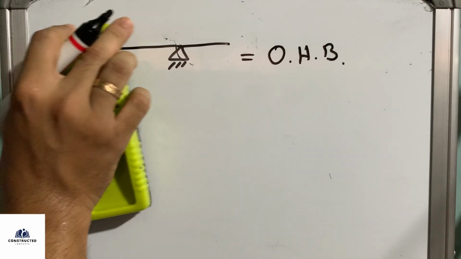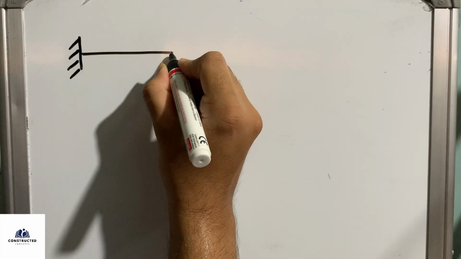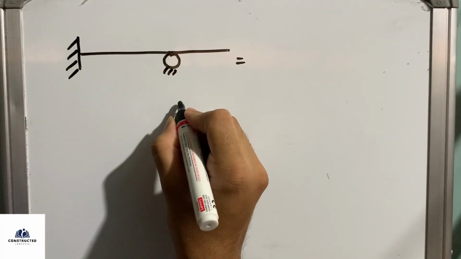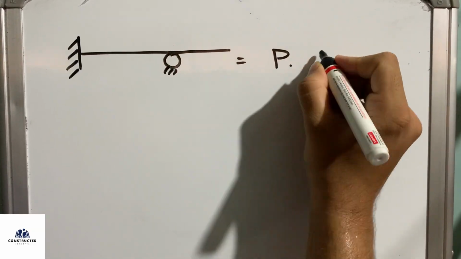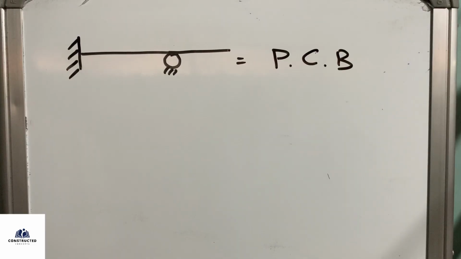So another special one is there, which is called propped cantilever. One end is fixed, resting on a roller or a hinged support and overhanged. So this is propped cantilever beam. So these are the types of beams with supports.